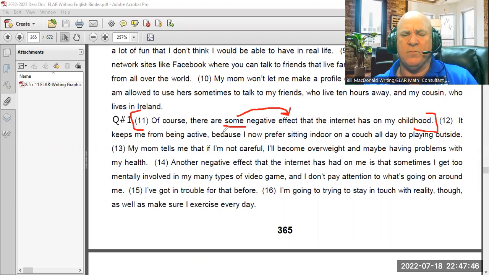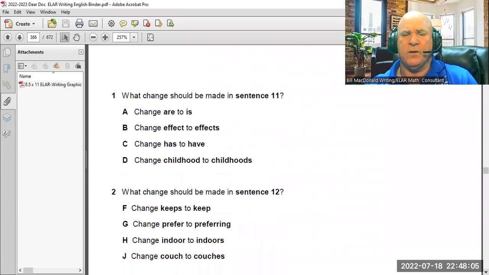Of course, there are some negative effects that the internet has on my childhood. So I think that's the best one, but then we've got to go back and look at the answer choices and see which one it is. Change are to is. There's my effects. So I already know that that one is the correct one.